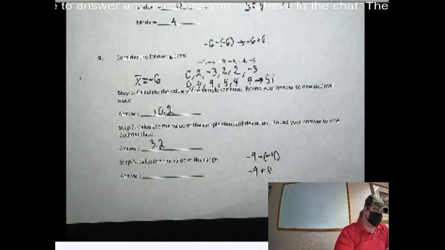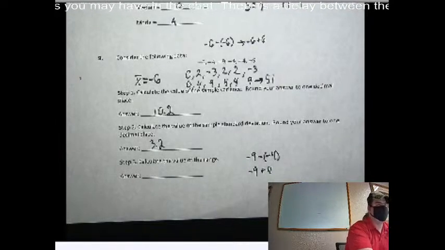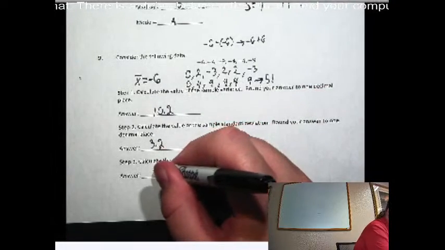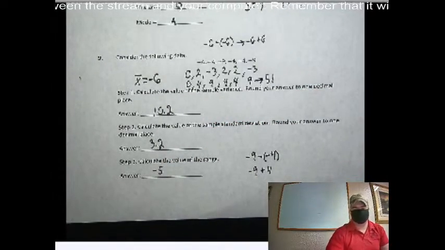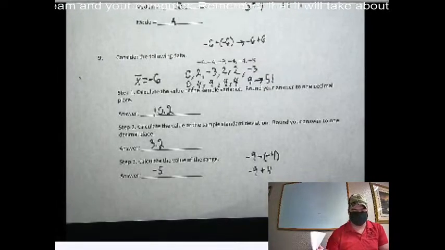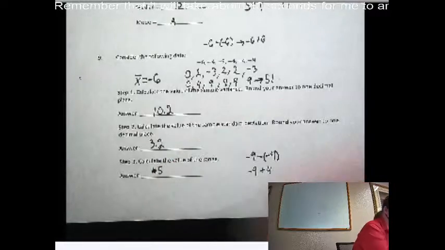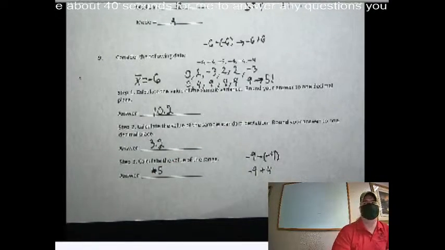So negative 9 plus 4 gives us negative 5. Any questions? It doesn't need to be negative, sorry. It's a range. Range is a distance, so it doesn't need the negative on there. It just needs the number.